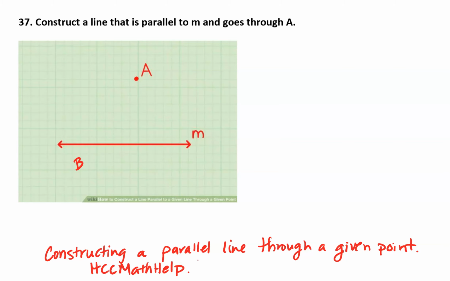He uses an actual video so you can actually see the compass. The way I'm doing it is not really as good because you can't see the compass.